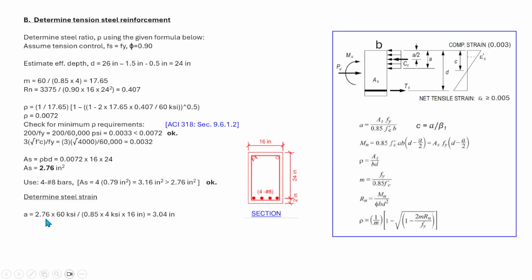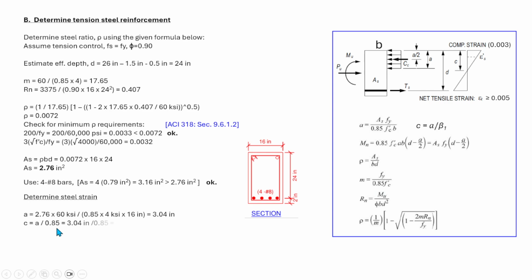So that is equal to 2.76 times 60 ksi all over 0.85 times 4 ksi times 16 inches, and that is equal to 3.04 inch.